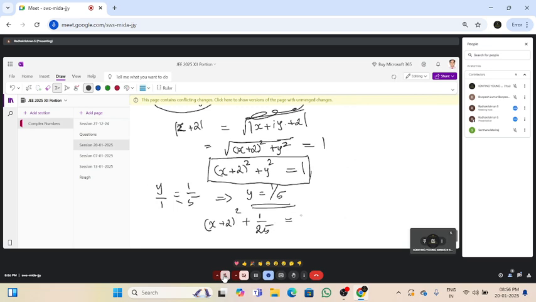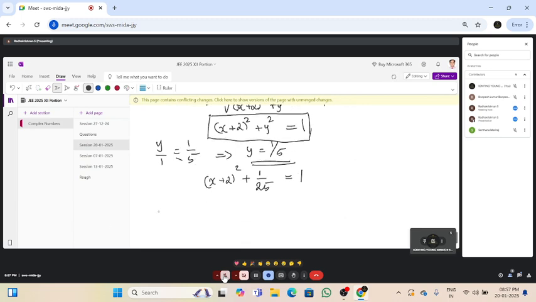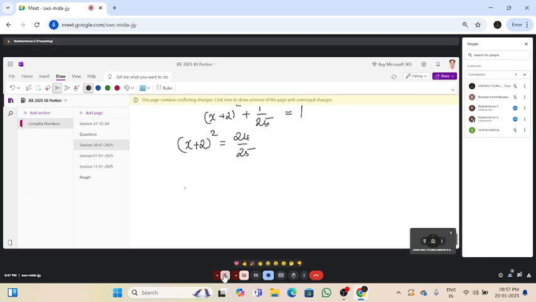Y square is 1 by 25. So you can write 24 as 2 root 6, right? 4 into 6, no? 2 root 6 divided by 5.